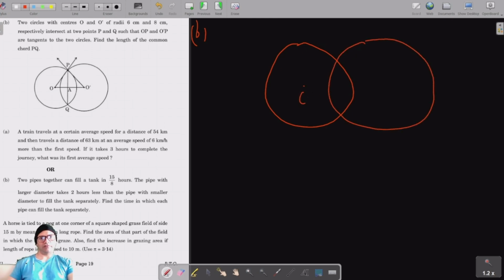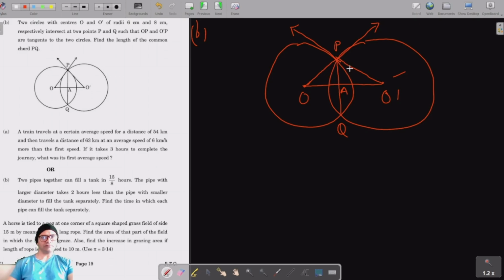The center of the first circle is O, the center of the second circle is O dash. They are joined, and this is the common chord which intersects the line joining the centers of the two circles at A. The common chord is PQ. This is the tangent from the center O dash to the circle with center O, and this is the tangent from the other circle with center O to the circle with center O dash.